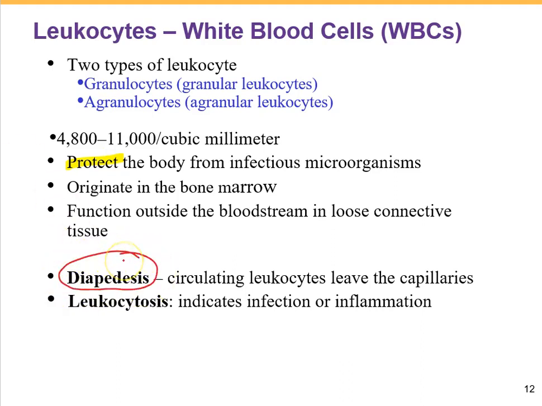So the only formed elements of the blood that can leave the blood are the leukocytes, or white blood cells. And then there is another term, leukocytosis, which means an increase in the number of white blood cells. When we have white blood cells more than 11,000, it is called leukocytosis, which mostly indicates an infection or inflammation in the body.